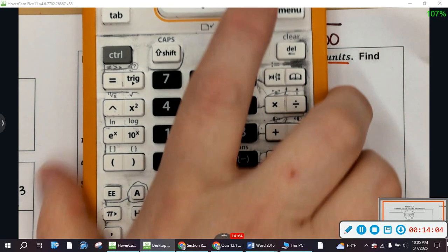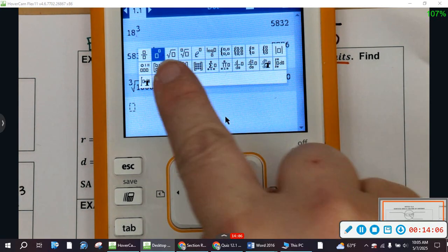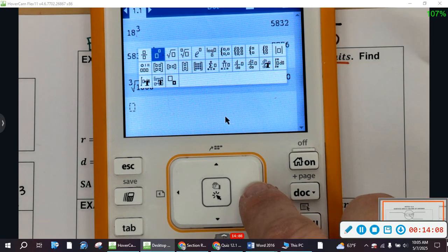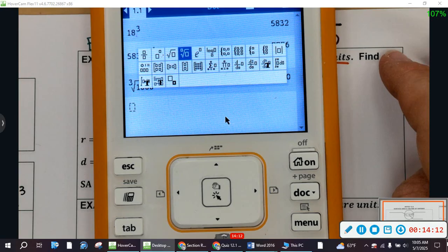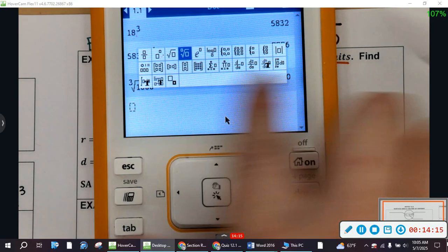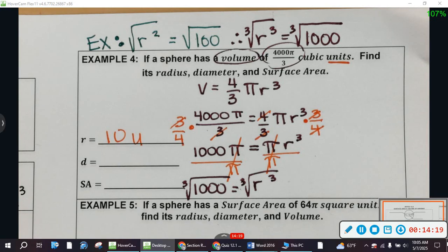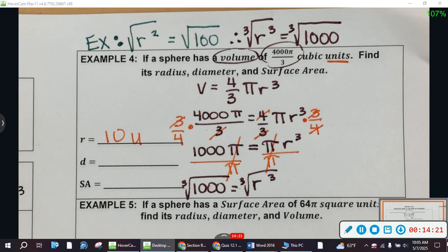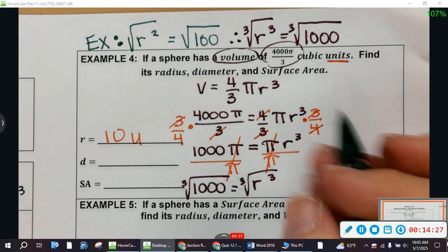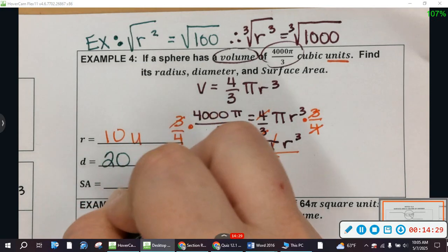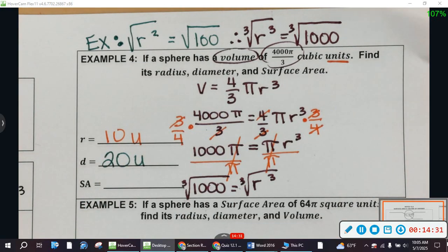So if I push that button, that's where we can cube it, arrow over, and you can cube root that there. So if you prefer this method, you can use that. Doesn't matter to me. And then they also ask me what is the diameter. So the diameter, remember, is just double the radius. So the diameter would be 20 units.